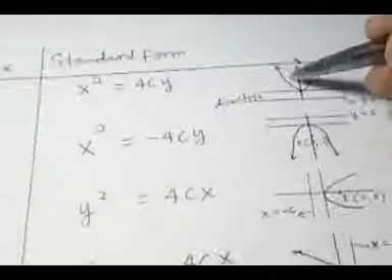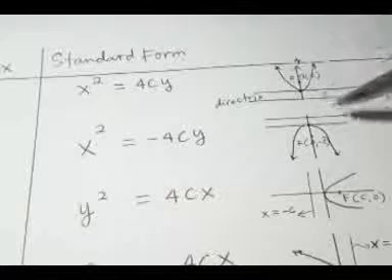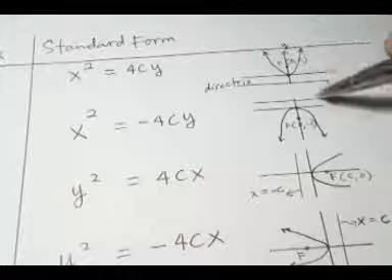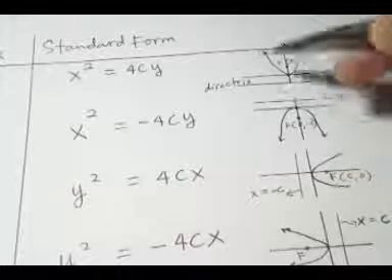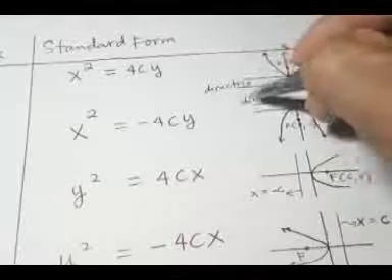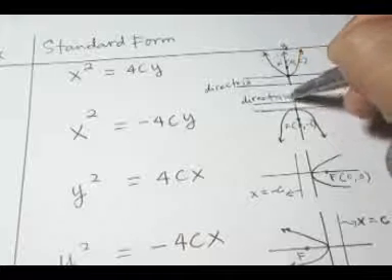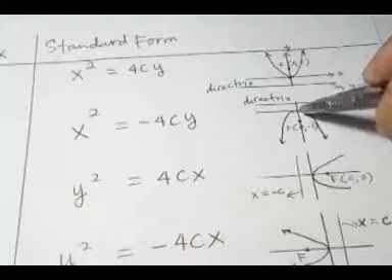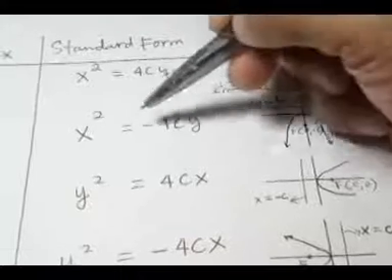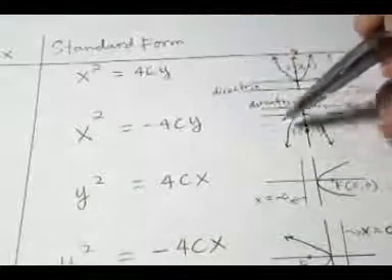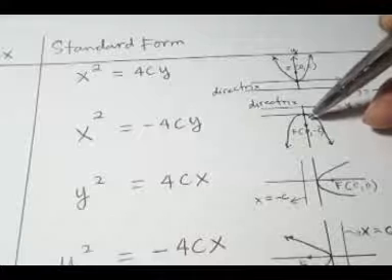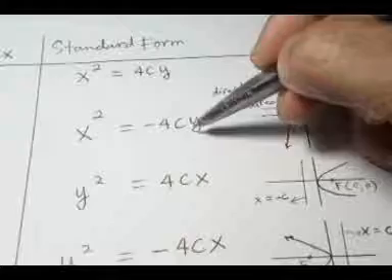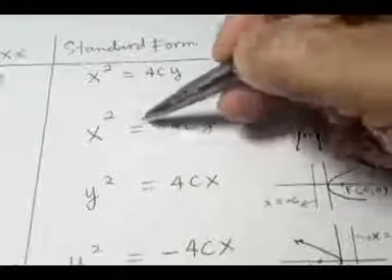If, on the other hand, the parabola is open downward, here is now our focus, and this line is the directrix for this parabola that opens downward, whose vertex is at the origin. If we derive the equation of this parabola in a similar way, we have this corresponding standard form of the equation.